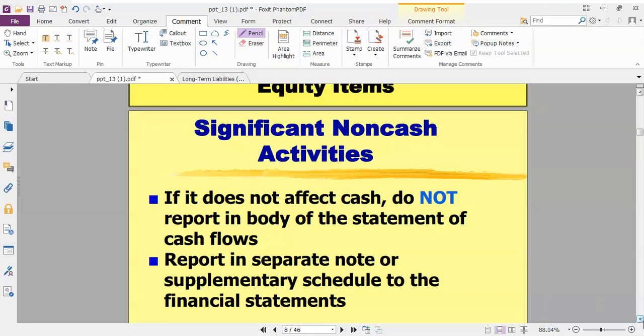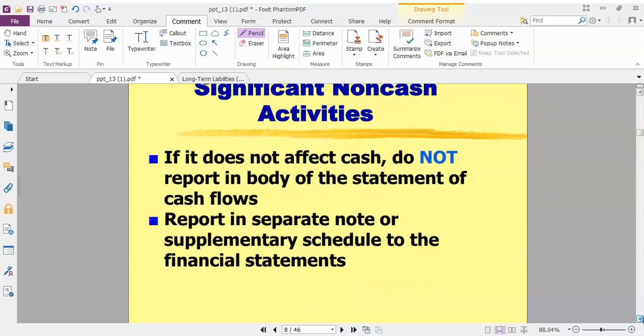Report them in separate notes or a supplementary schedule for the financial statements. Do not put the non-cash activities inside the cash flow statement.